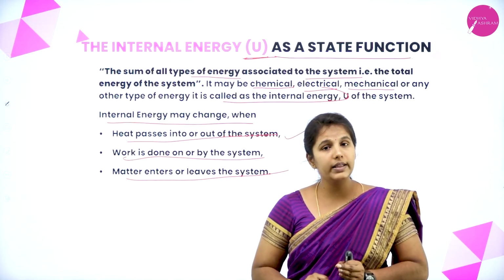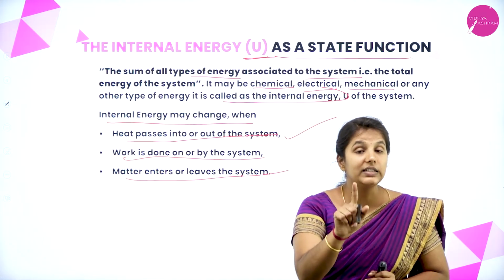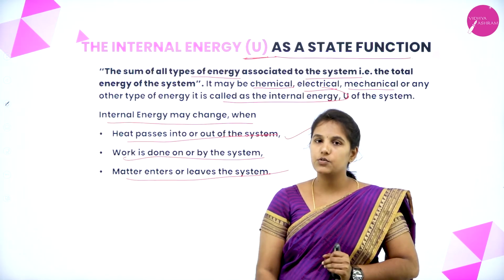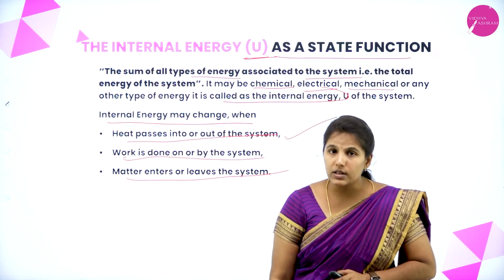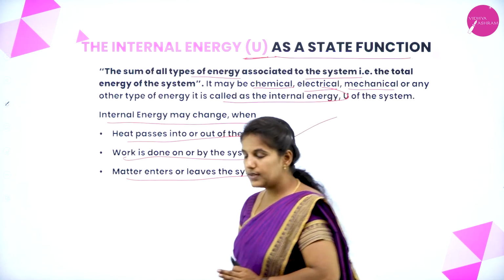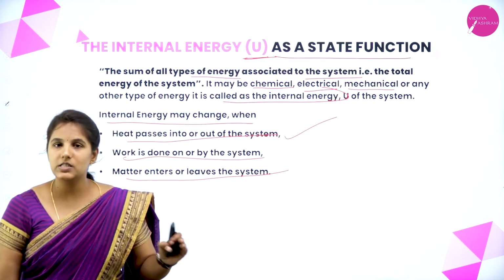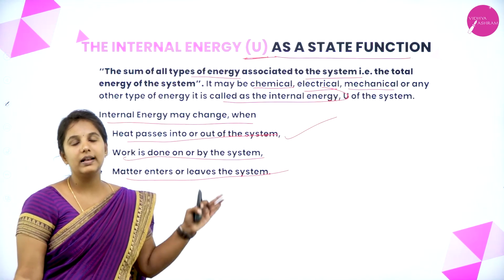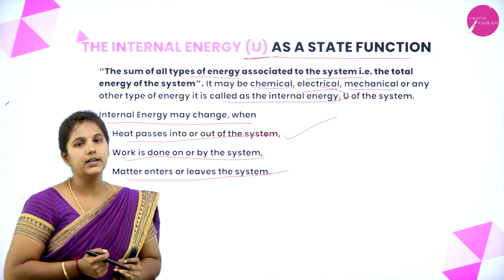Those are the only three cases where the internal energy of the system is going to be altered. Then what is the internal energy? It is the total energy of a system, present inside the system, in the form of physical, chemical, mechanical, or any other types.